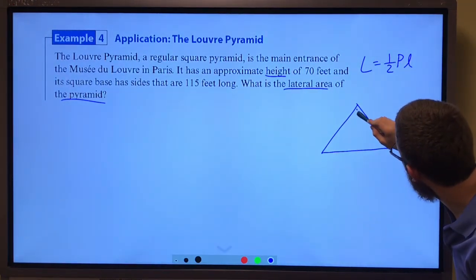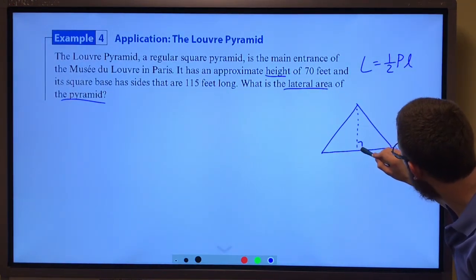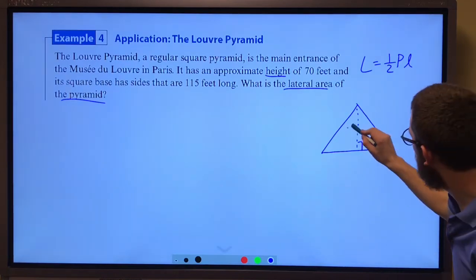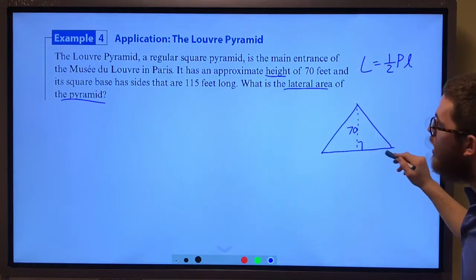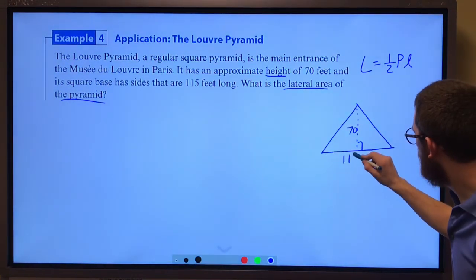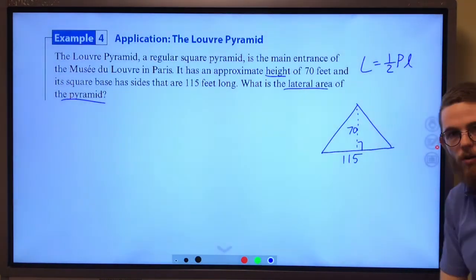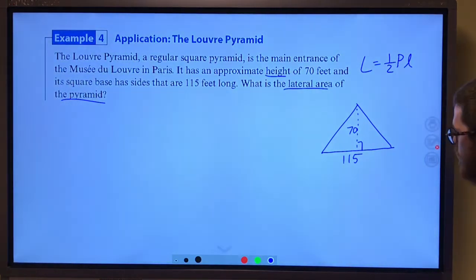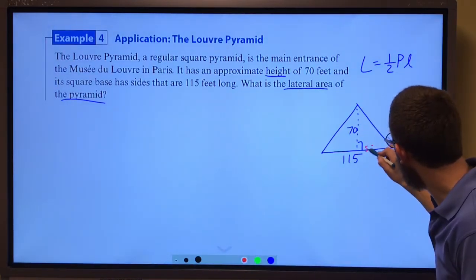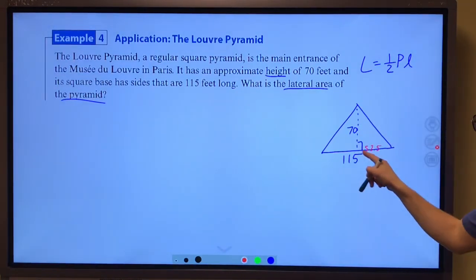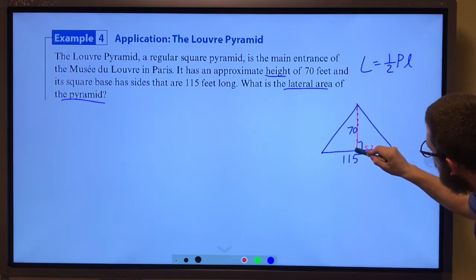The actual height going truly down, straight down, is 70. And all the way across our square base is 115, all the way across. So that would mean if we cut 115 in half, 57.5.